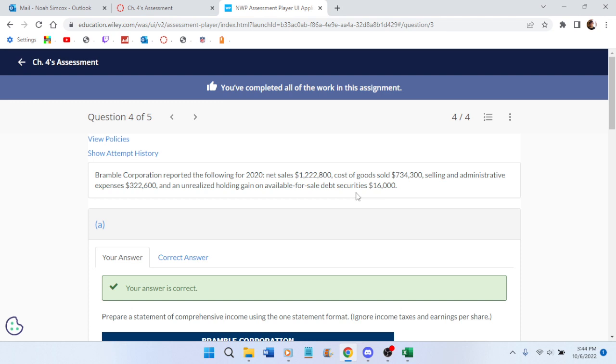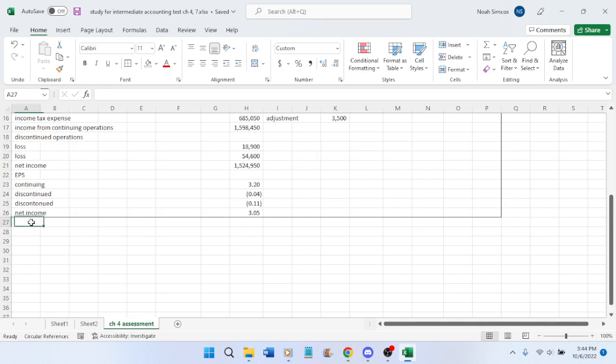Okay, statement of comprehensive income. God. Okay. So net sales. Cost of goods sold.